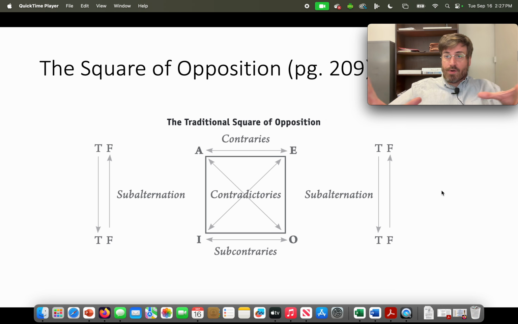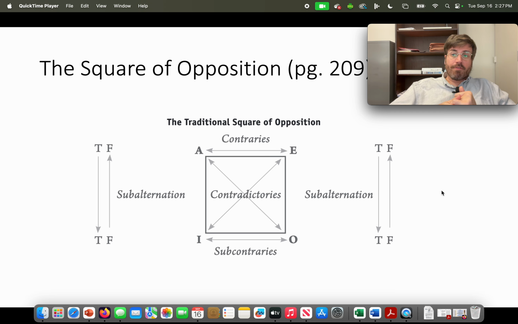This is a diagram of the full square of opposition and all of the immediate inferences that we're able to make. This occurs on page 209 of our Baronet textbook. I recommend that you refer back to the square as often as possible as you're working on these problems.